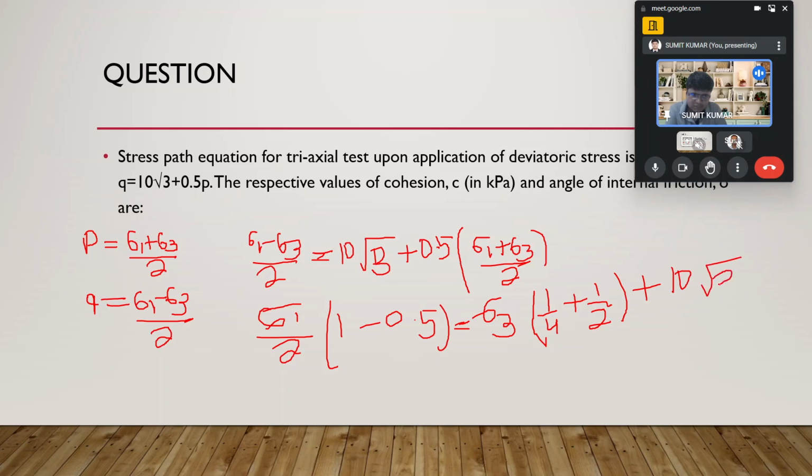So the basic thing I want to convey is that sigma 1 equals sigma 3 times tan square (45 plus phi by 2) plus 2c tan (45 plus phi by 2). So you have to frame this relation in this form.